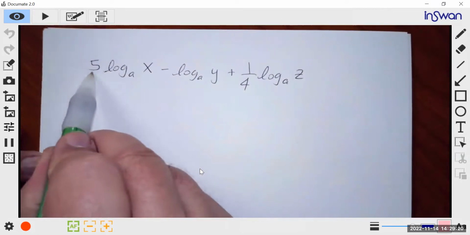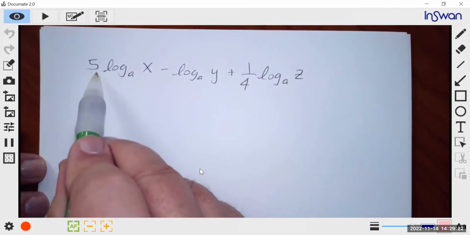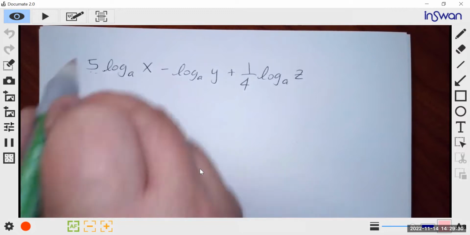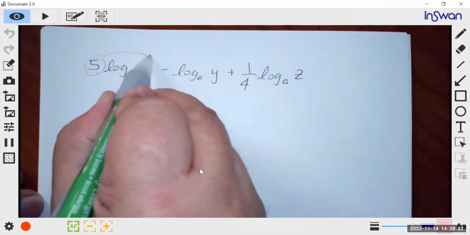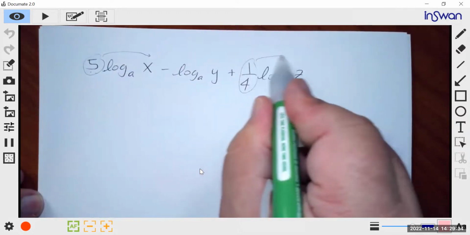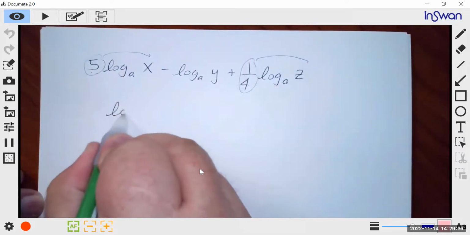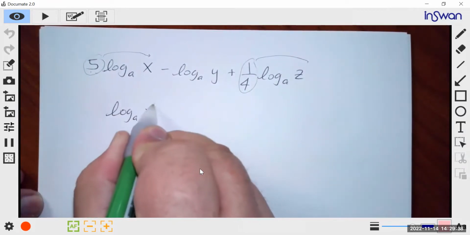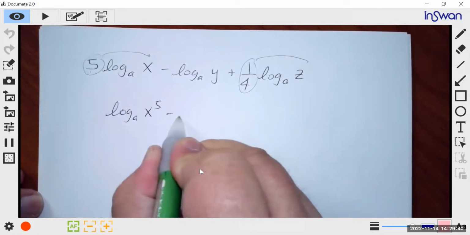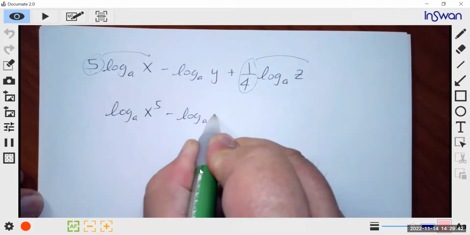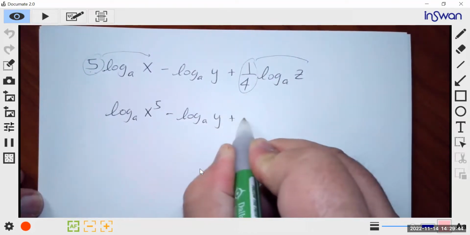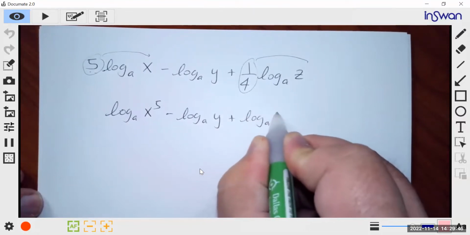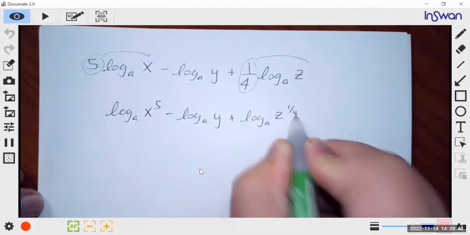Okay, so we have coefficients. What do you do with coefficients? Where do they come from? The exponents, right? So these coefficients become exponents. So we have log base a of x to the 5th minus log base a of y plus log base a of z to the power 1/4.